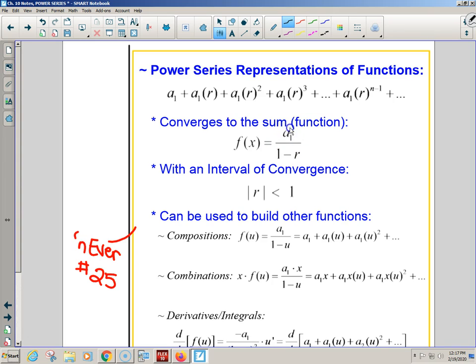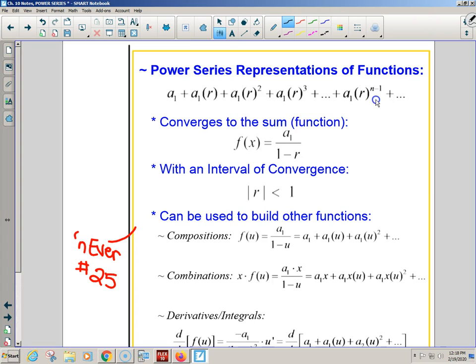So our rational function can be represented by a power series. So I can say that a over 1 minus r is equal to this power series. This is function notation, and this is power series notation. So we can say that a function can be represented by its power series.